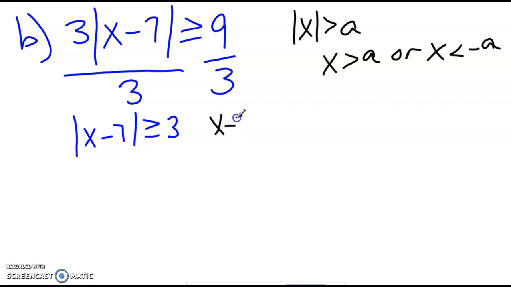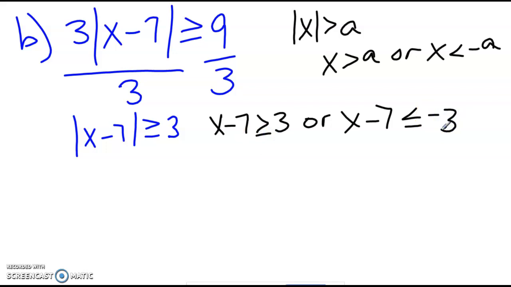We're going to say x minus 7 is greater than or equal to, not a, 3, or x minus 7 will be less than or equal to, got to put equal to, negative 3. I need to go back and make sure I said that correctly on the other stuff. So get this written down, and I'm going to go back and make sure I have that.